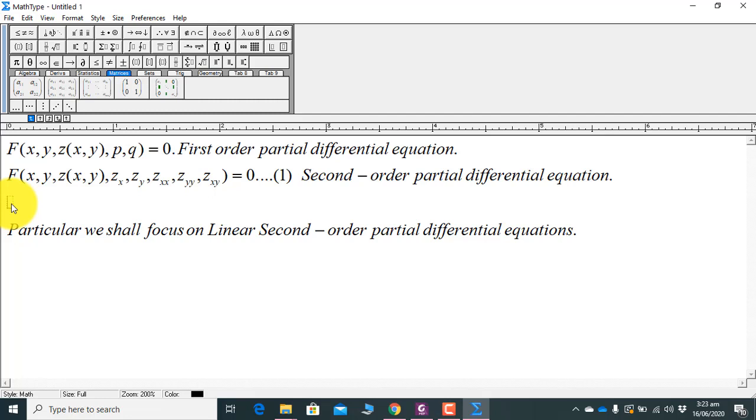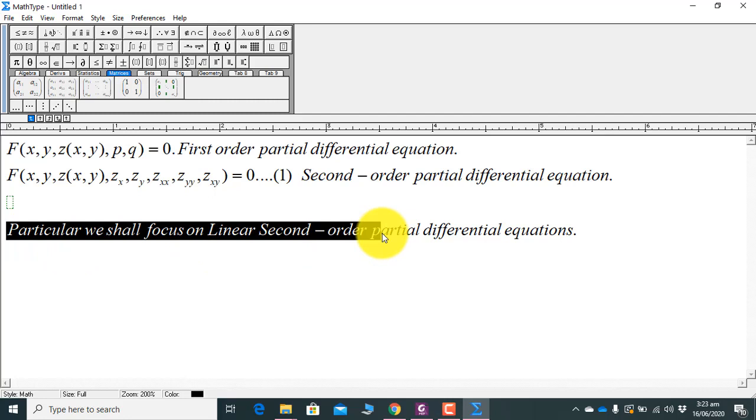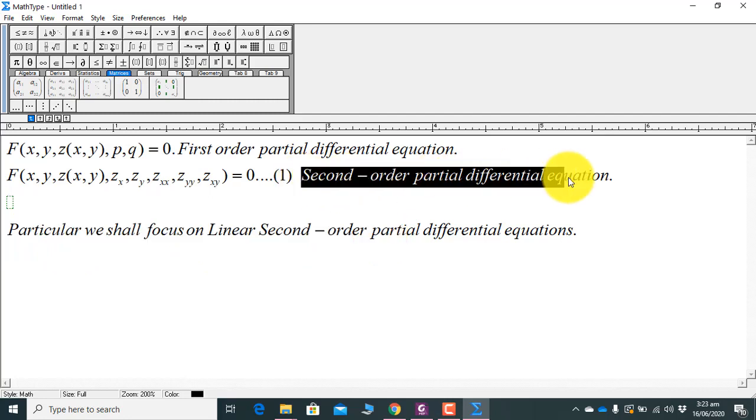You will study in the later lectures that we will focus on and converge towards canonical forms in order to solve easily the second order partial differential equations which are linear as well. So what I am trying to explain to you is that to study and solve any non-linear second order partial differential equation is not so easy.